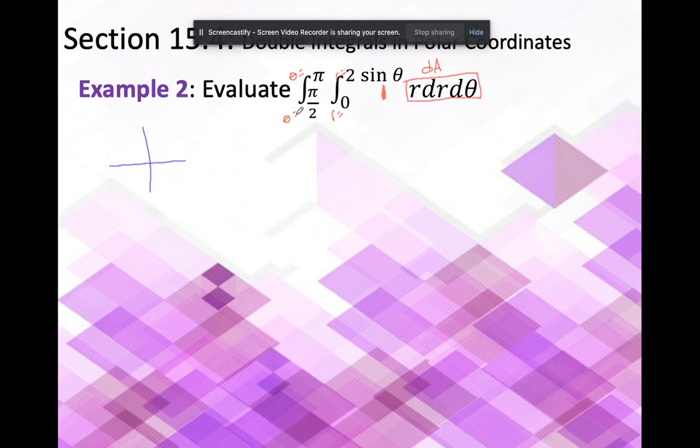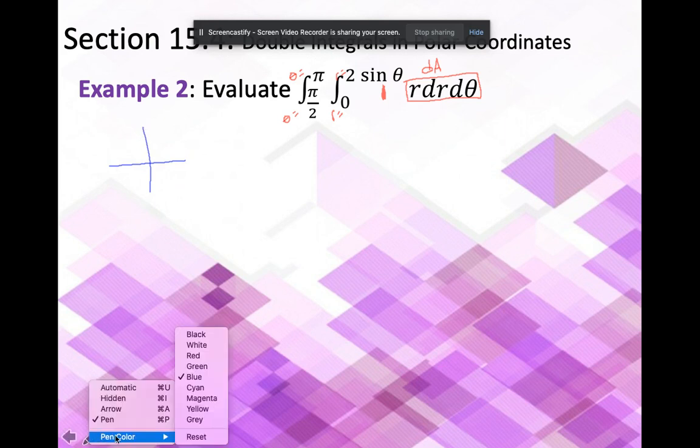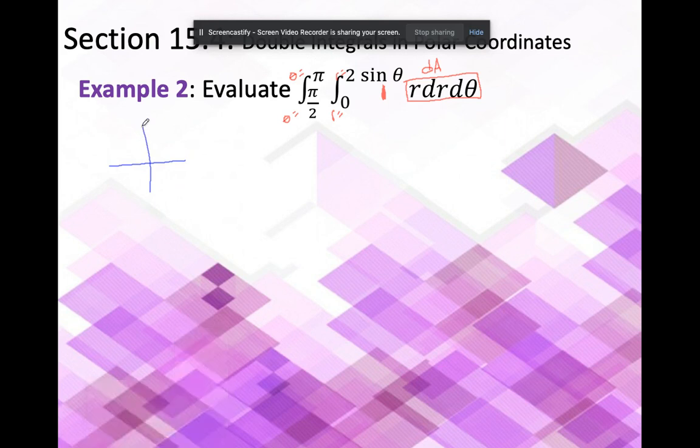Let's say, what is my region? Well, let's see. I'm going from theta equals pi over 2 to pi. Oh, it's terrible. So bad. Sweeping out, right? Because polars are like that.